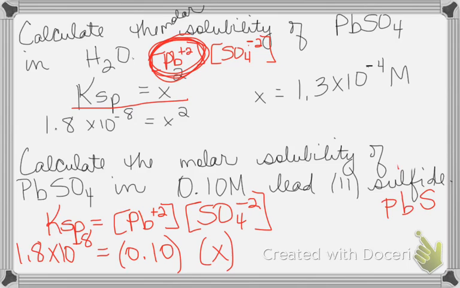So the KSP we're using, or would you use that for the lead 2 sulfate? It is the molar solubility of the lead 2 sulfate. It's just moving the decimal. X is 1.8 times 10 to the minus 7 molar. Is that what y'all got?